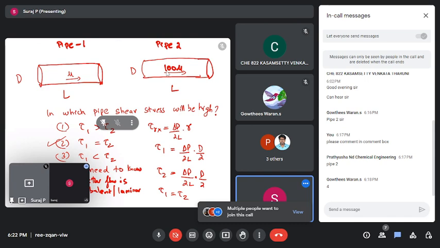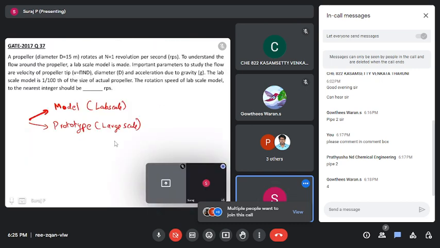Why we are doing it like this is because of the economics. Initially we cannot do it on a large scale because a large amount of cost will be required in assembling these things. So first we will make a model, then we will upgrade it into a prototype.